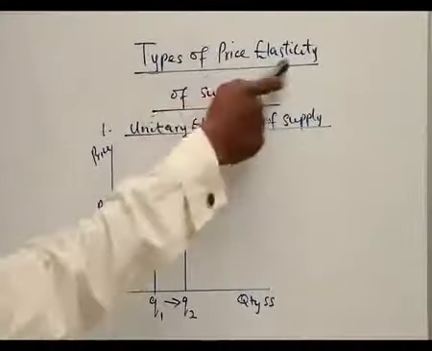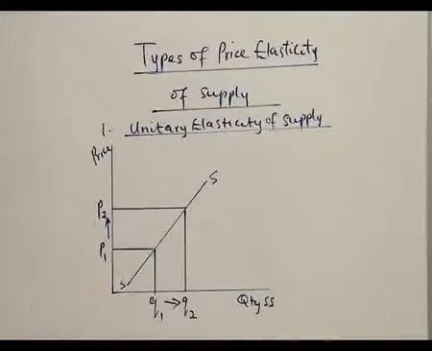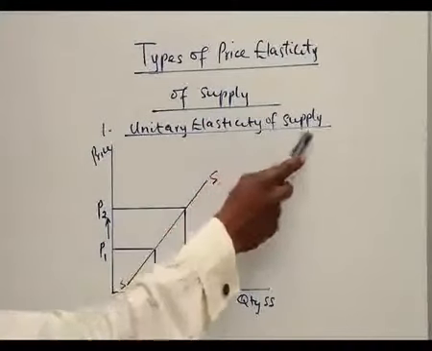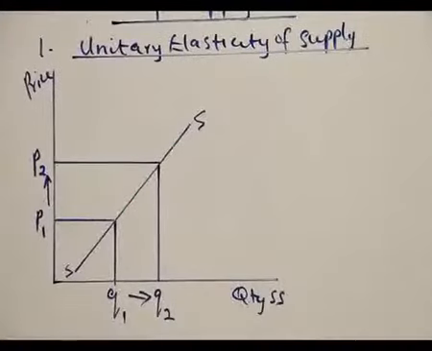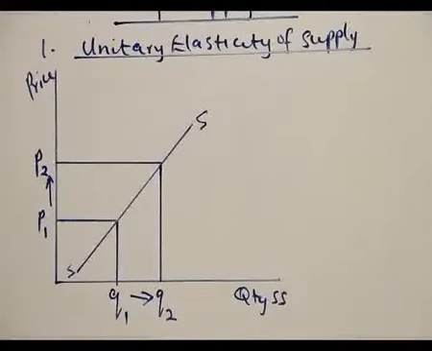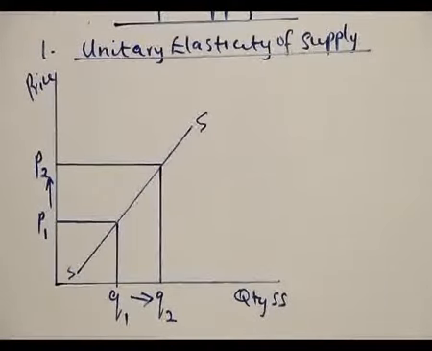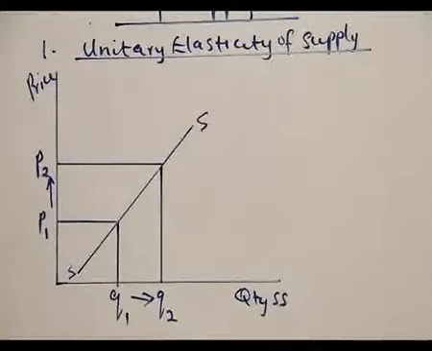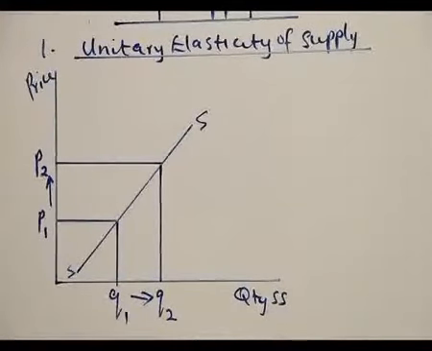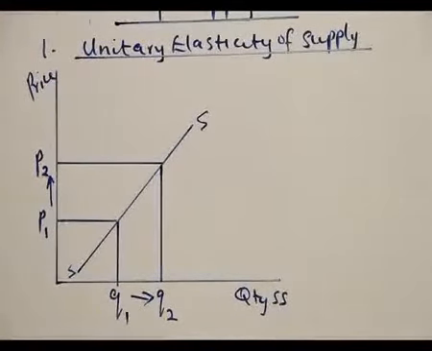Types of price elasticity of supply. Number one, unitary elasticity of supply. When we are talking about unitary elasticity of supply, we are trying to look at the relationship between quantity supply and the price, that is, the effects of price on supply.